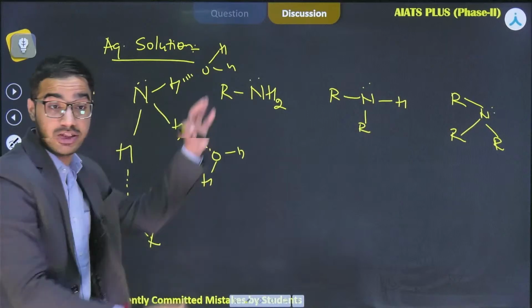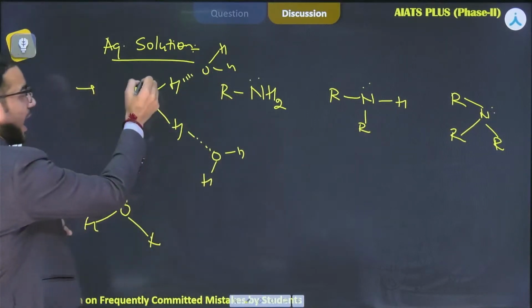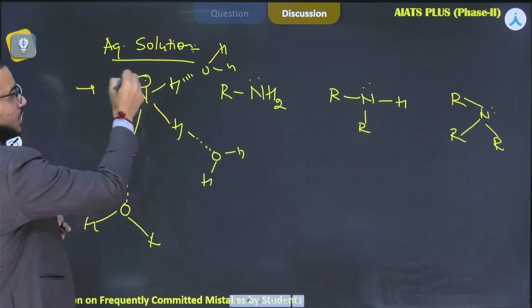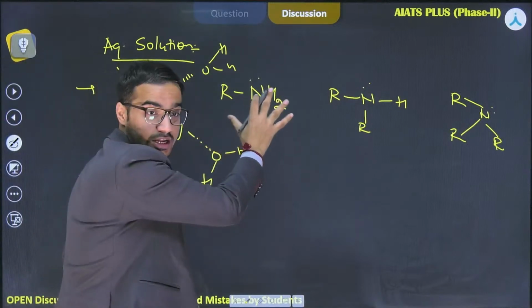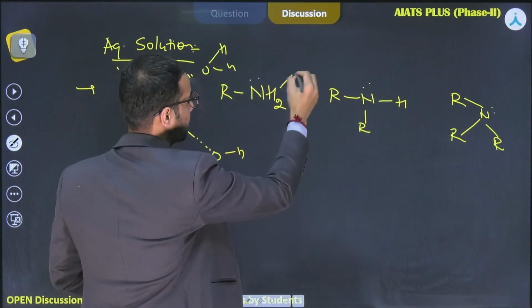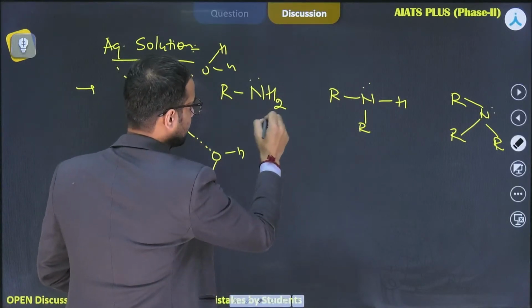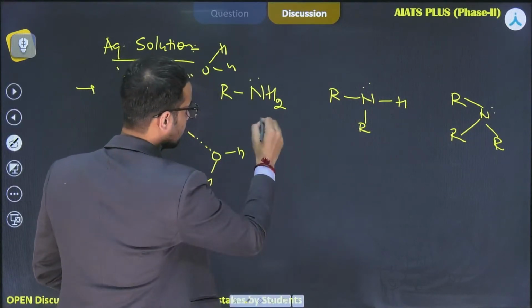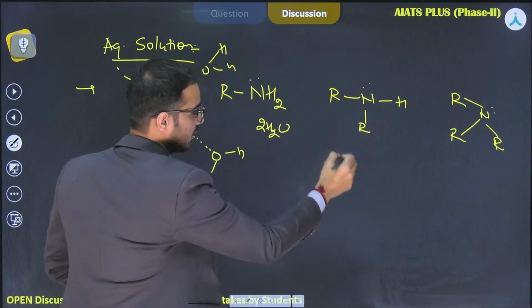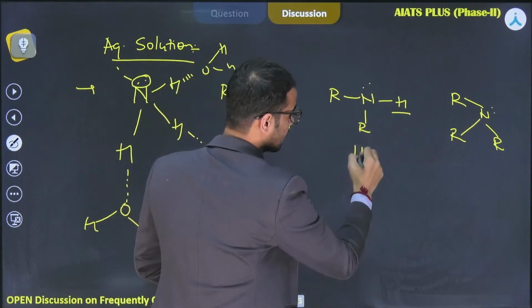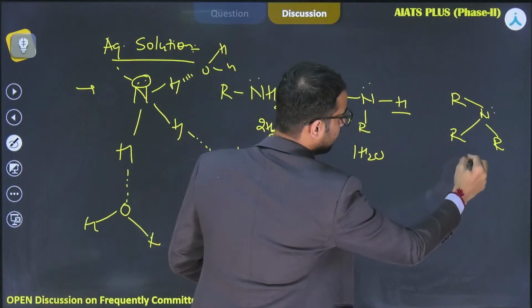There will be three hydrogen bonds in that case, each with another OH. Now, if we carry out this, this will have two hydrogens. It means it can correlate with two waters, and here only one is the case, and here none will be the case.